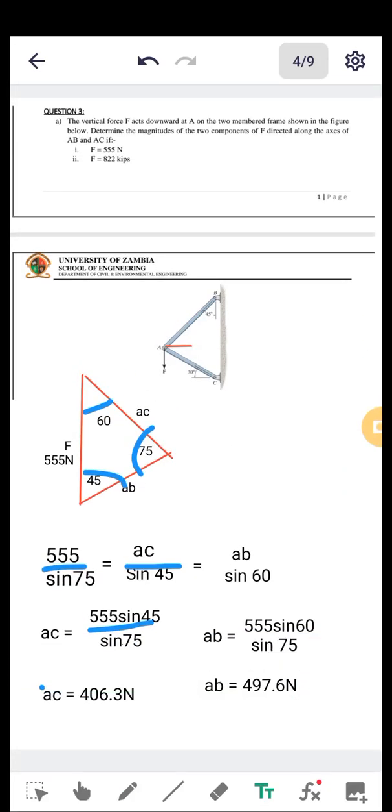So these are the required answers which they were asking for in the first part. On the second part you do the same, only that you use the force 822 kips for the magnitude here. Then everything is the same.